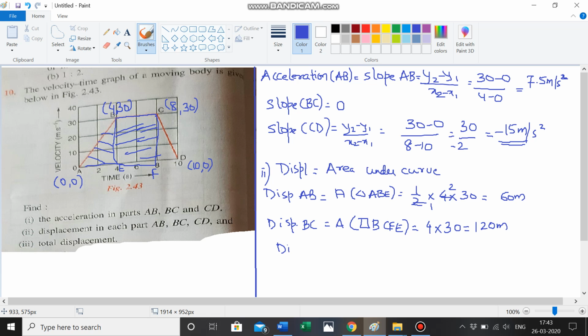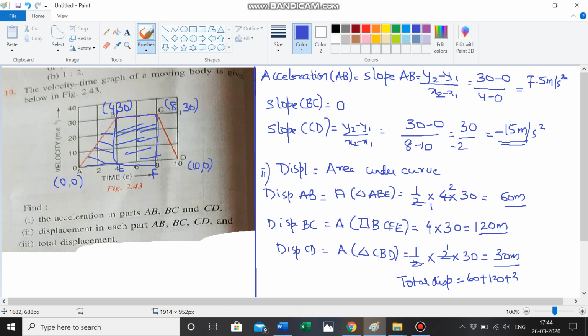And part 3 is displacement in CD, which will be equal to the area of triangle CFD, which is again half base, which is 8 to 10, which is 2, into 30, which is 30 meter. And the last part is total displacement. So total displacement is equal to 60 plus 120 plus 30, which is equal to 210 meter.